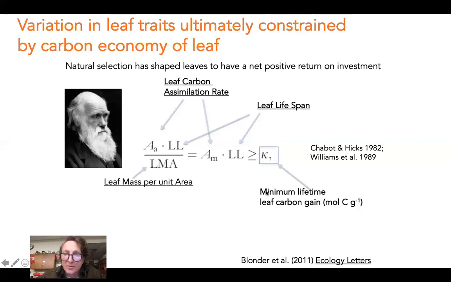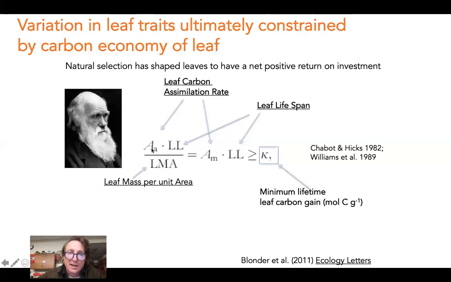We call this the minimum lifetime leaf carbon gain, the amount of carbon that has to be obtained by the leaf in order to break even. And if you notice here, what this says is that there are many different ways that natural selection can operate on leaf traits in order to increase this quantity on the left-hand side of the equation.